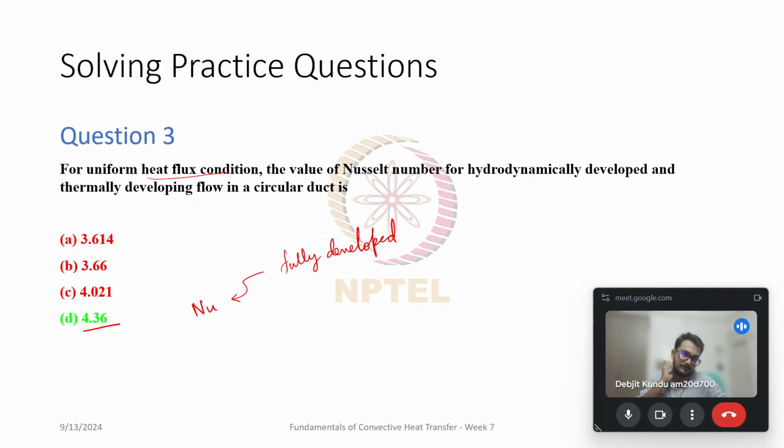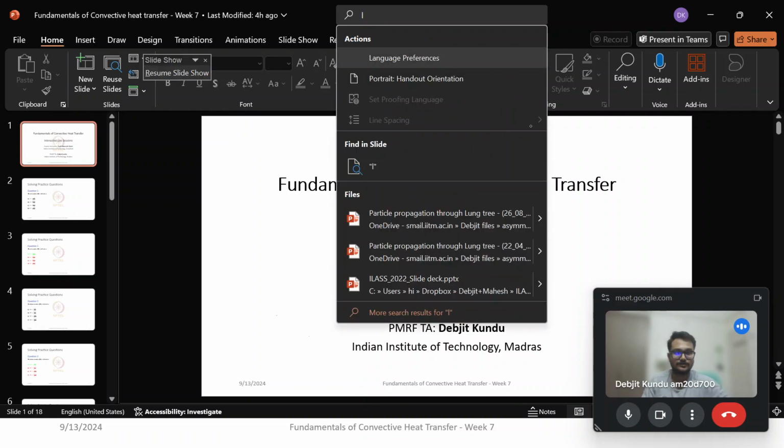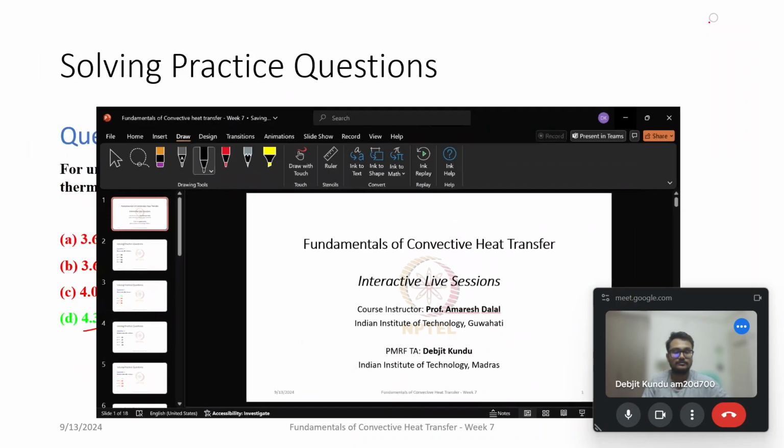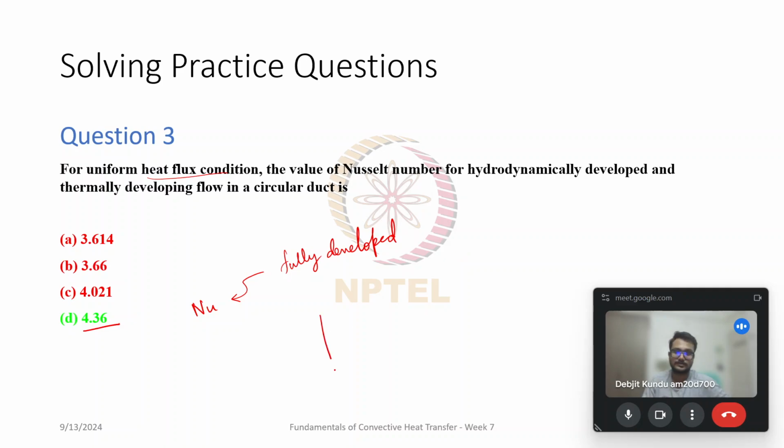So the numbers in the end become the same because we saw, sorry, because let's say if I try to draw a plot for two cases. This is, let's say, the saturation value at 4.36. This is what Nusselt number is, and this is what x by d is.